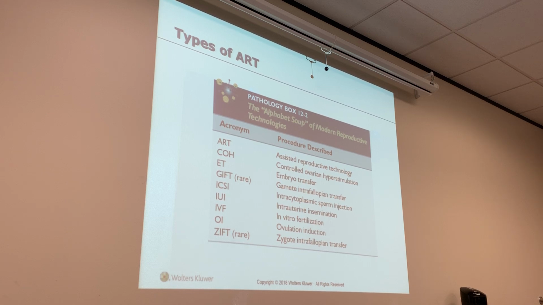Which gonadotropin is going to be elevated? FSH, because that's what the Clomid does, it stimulates the ovary to put out FSH, okay?